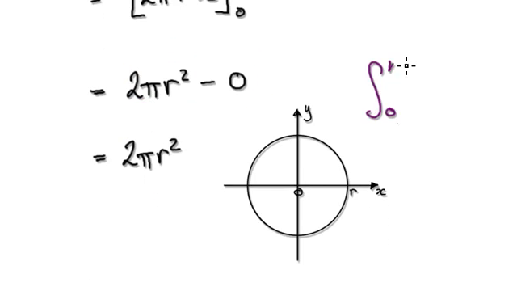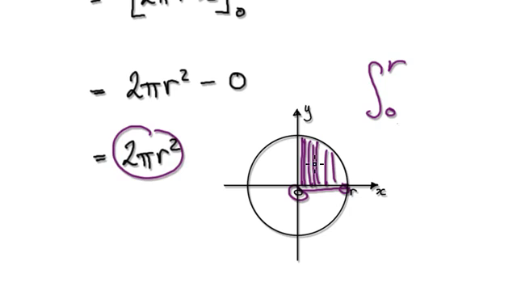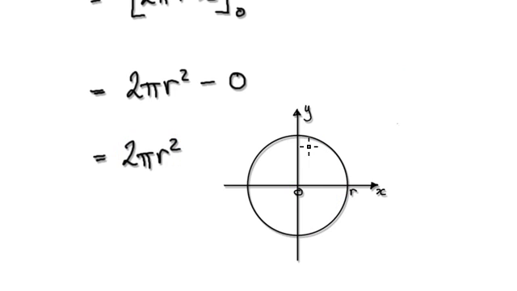Overall, remember the integral was from 0 to r. So this whole thing here only represents half of the sphere. Really what's going on here is that we are summing up everything from 0 to r. Let's look at this one particular strip, dx here.